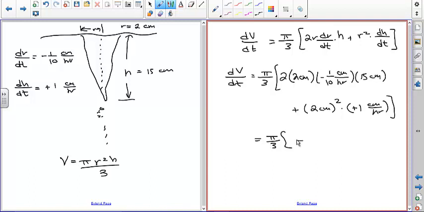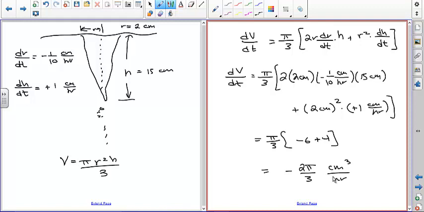The first term is -6, and then the second one is 2 squared times 1, which is 4. So you can see it's going to be negative. So -6 plus 4 is -2, and you end up with -2 pi over 3 cubic centimeters per hour.